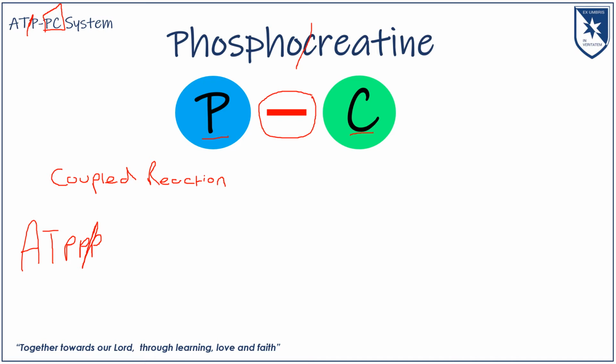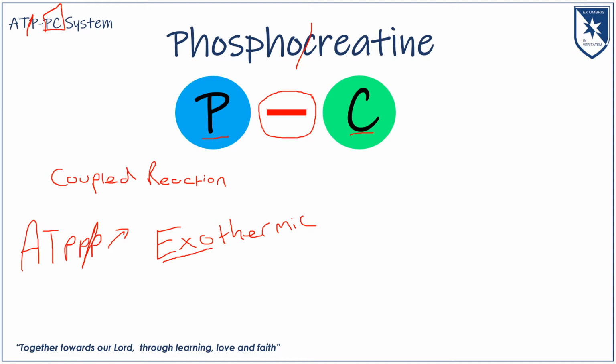Let me write that here for you. Exothermic reaction. When we think of exothermic, it's a thermic reaction, thermic energy, but the exo means it's exiting. So this molecule is going away from the compound.